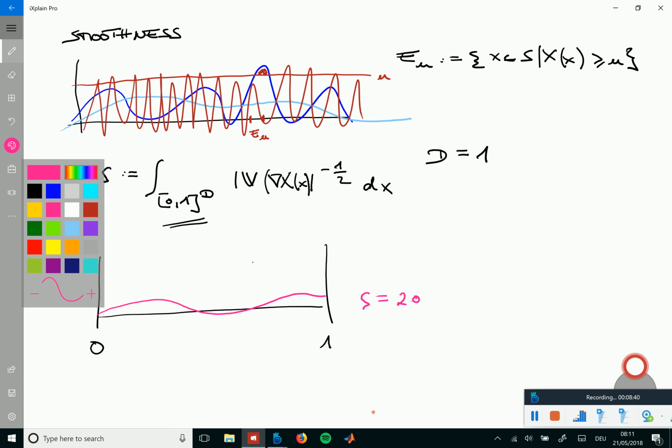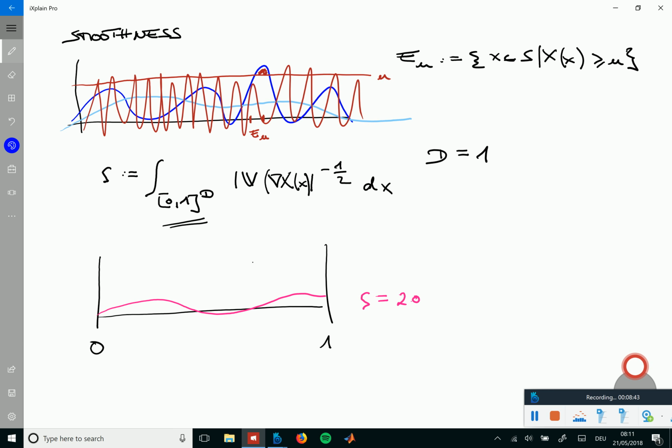And then if we have something like this, then the sigma would be something like 0.2. So it's just a number that describes how smooth the random field is.